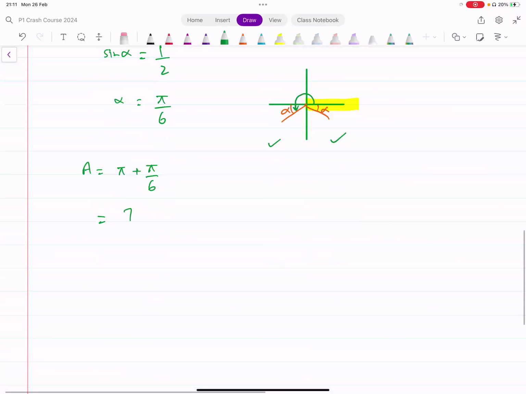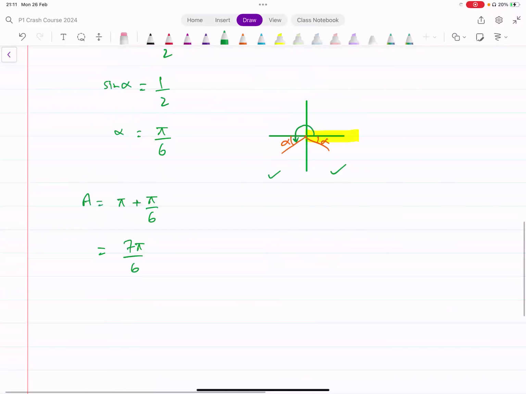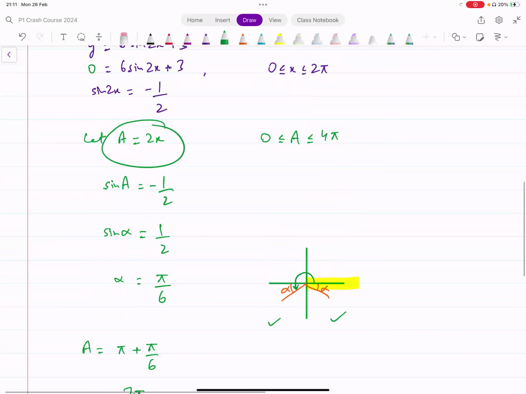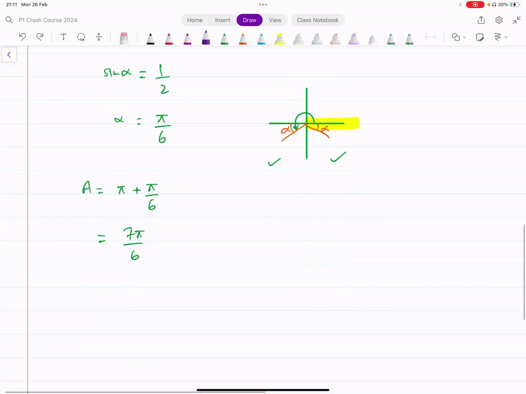And that turns out to be 7 pi over 6. That's the value of a. We were looking for the value of x. We put that substitution back now. A was equal to 2x. We say 2x equals this, and the value of x therefore turns out to be 7 pi over 12. This is the smallest possible value of x.